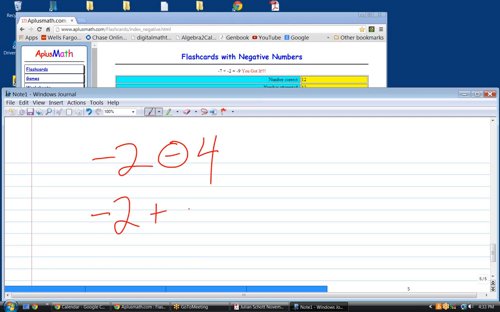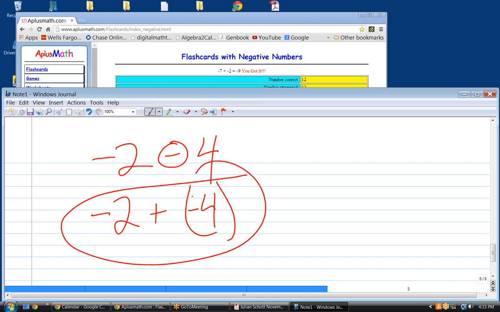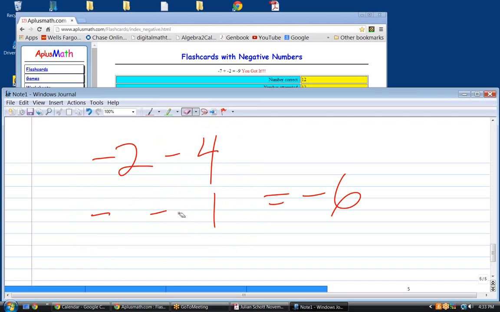But then we have to change the sign on the term that was being subtracted. We were subtracting a +4 from this -2. Well, now we're going to add a -4 to -2. And when you set it up like this, nobody misses it. Everybody gets it. But when you set it up like this, half the people miss it.